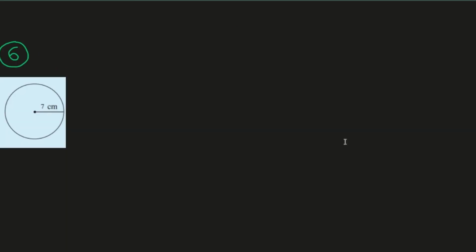In the sixth question, it is a circle. So, in order to find the perimeter of a circle, let's write it first. Perimeter of a circle. There's an expression given. What is it? It's 2πr.